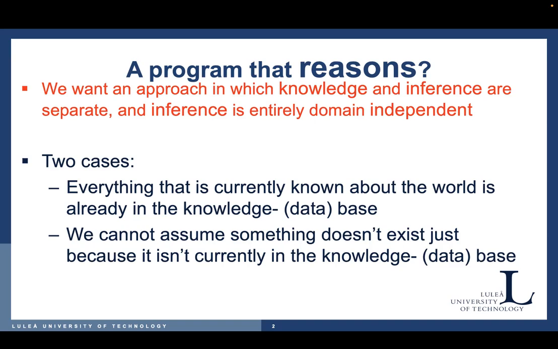We have only two opportunities. In the one case, we assume that everything that we know about the world is already in the knowledge base. And the second case is that our knowledge base is not complete, and we are discovering new facts as we go, basically. And both of the cases exist.